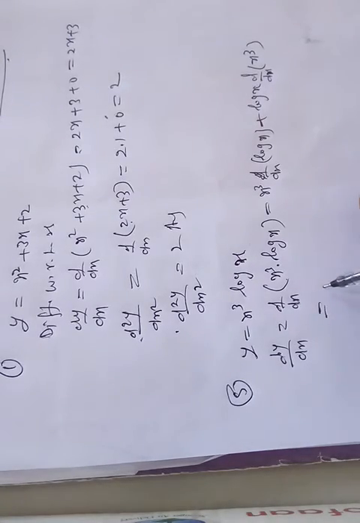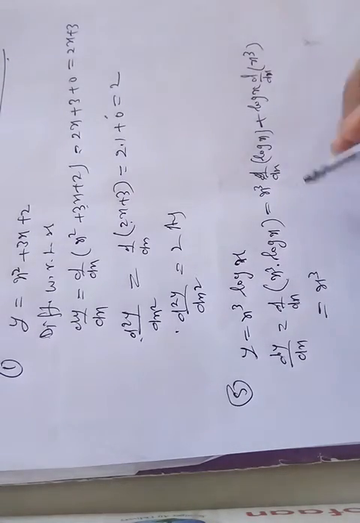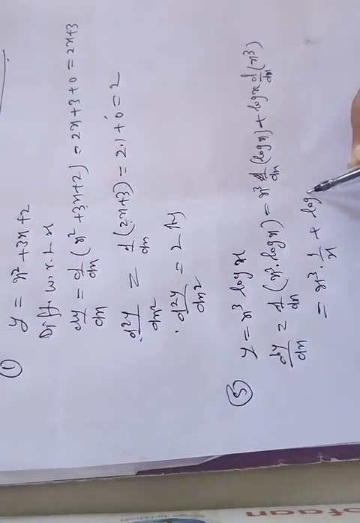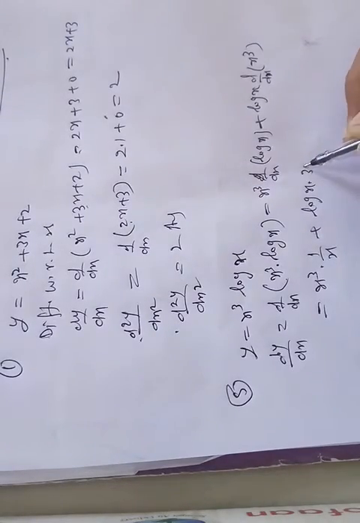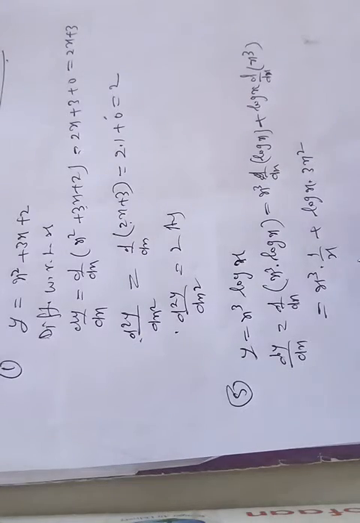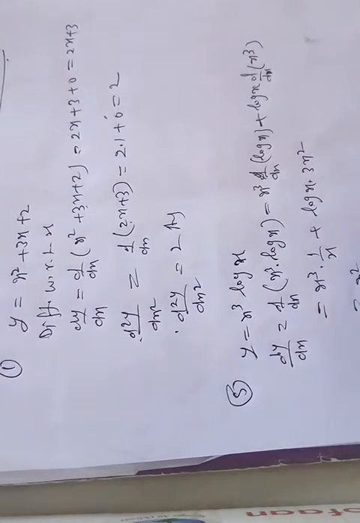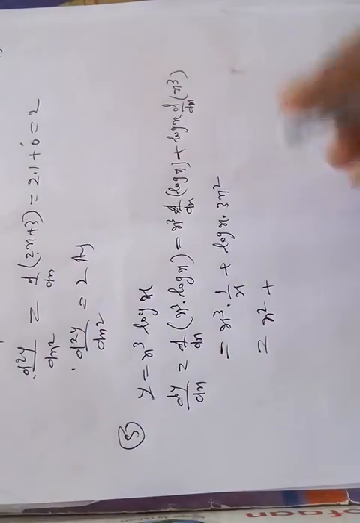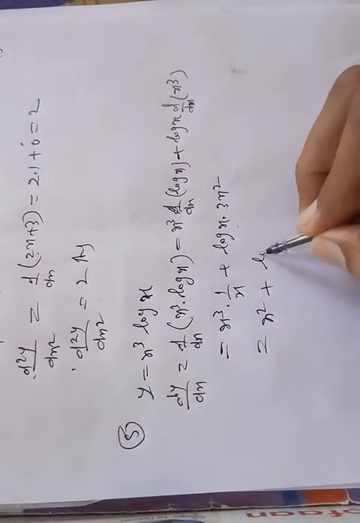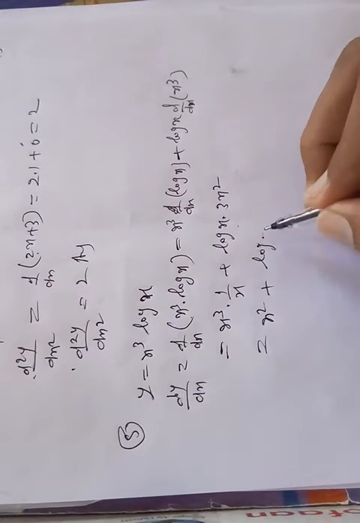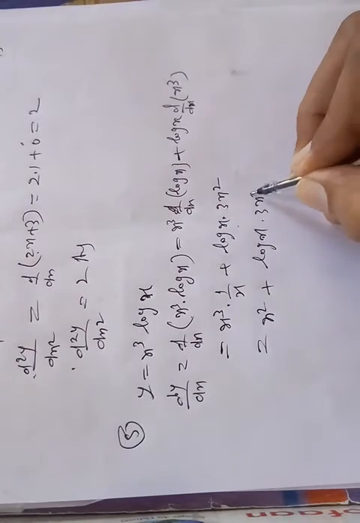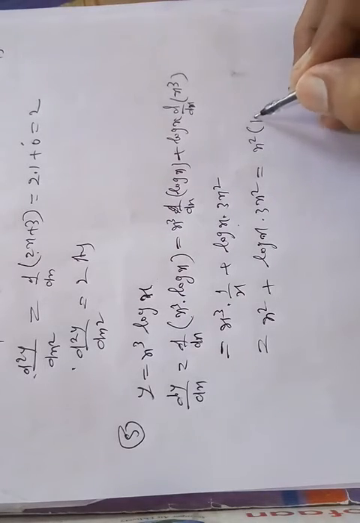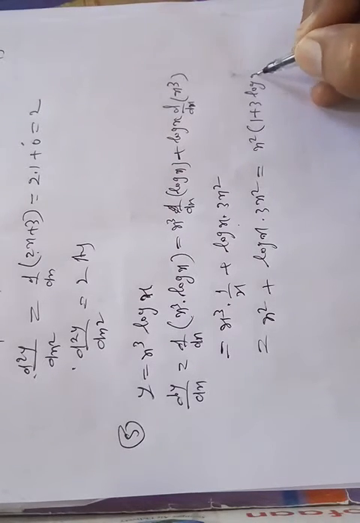This equals x cube times 1 upon x, plus log x times 3x square. So this is x square plus 3x square log x, which is x square times (1 plus 3 log x).